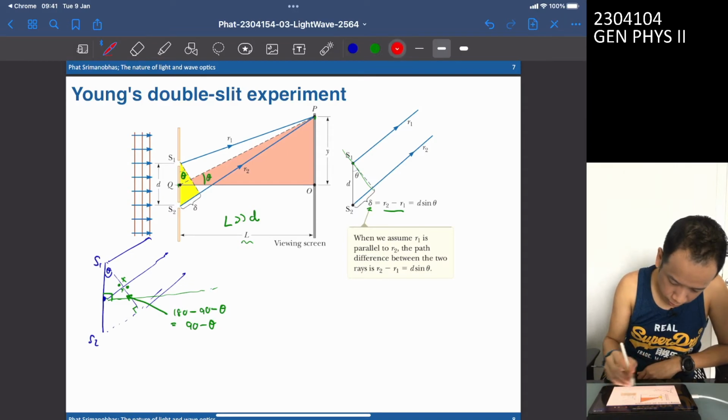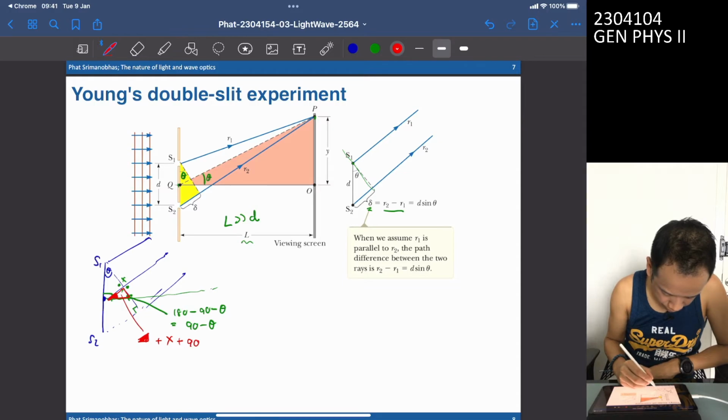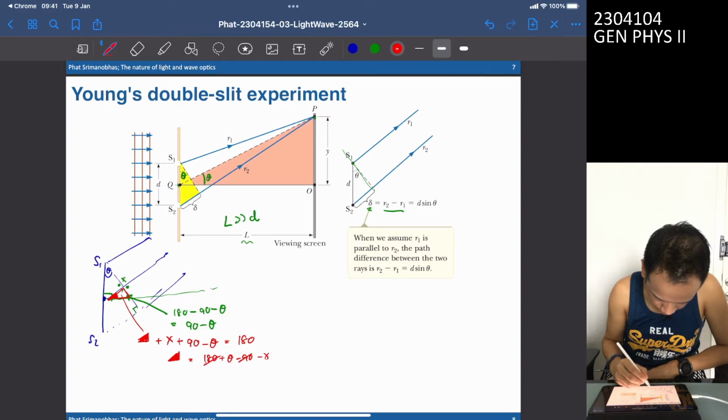Then you consider this small triangle, and you need to find this angle x: x plus 90 minus theta should equal 180 in that triangle. So the angle is theta plus 90 minus x.